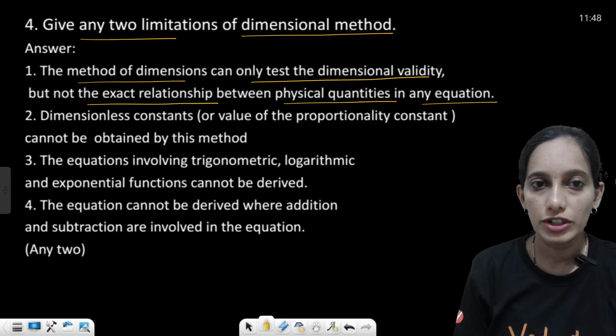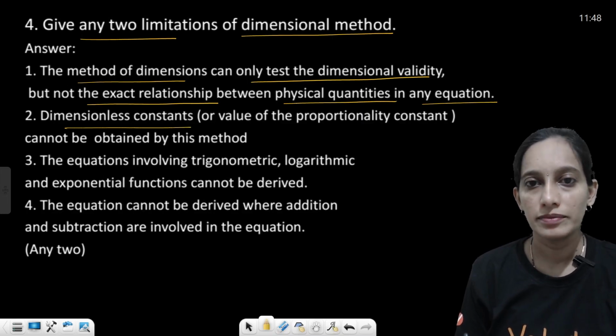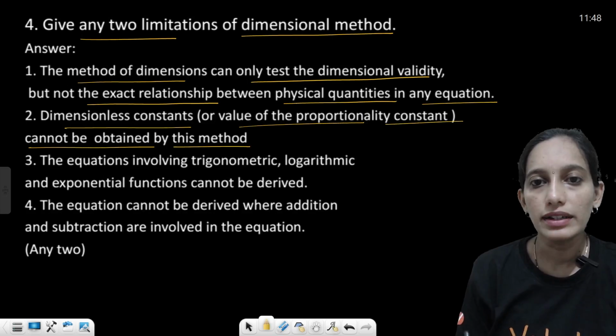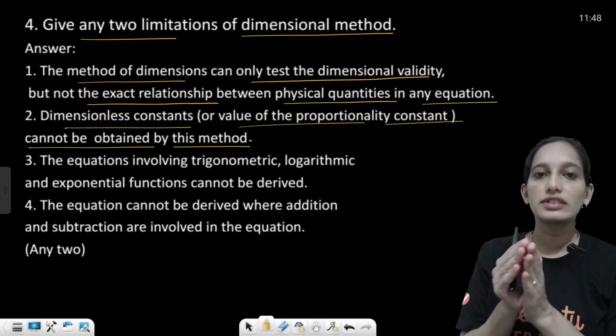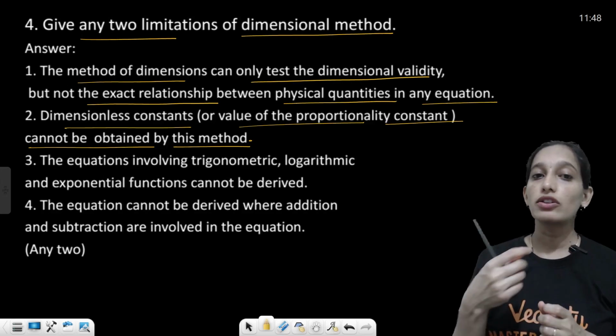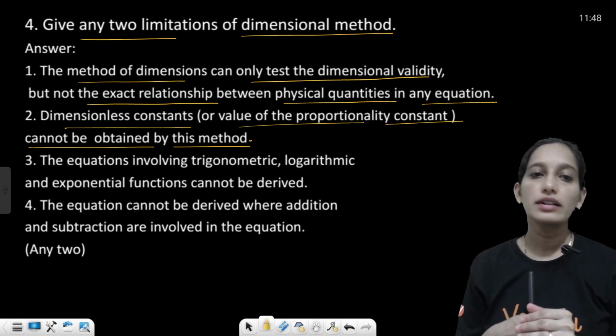The second point can be mentioned like dimensionless constants or the value of a proportionality constant cannot be obtained by this method. If we have some dimensionless constant in the formula, we cannot get the value of that constant.